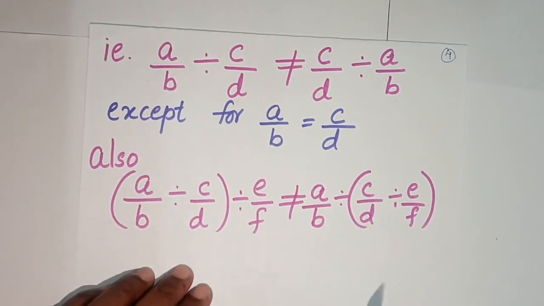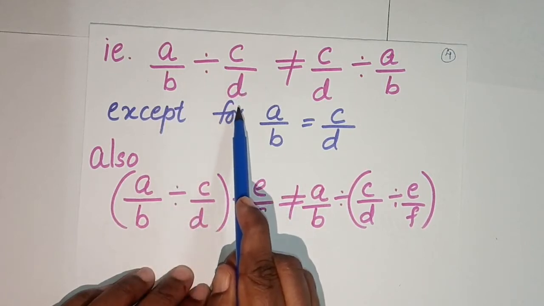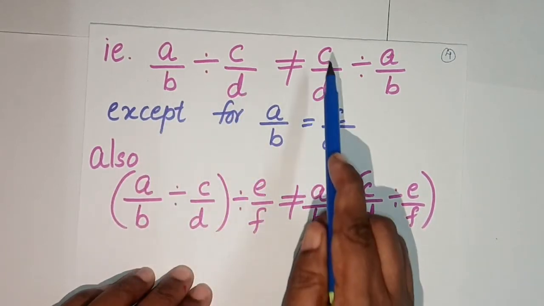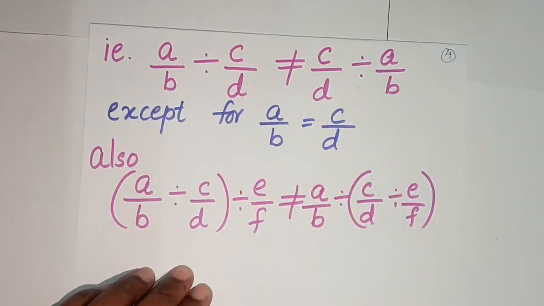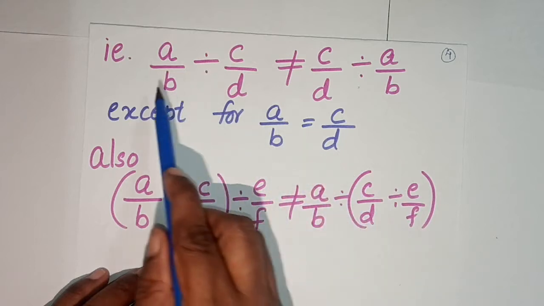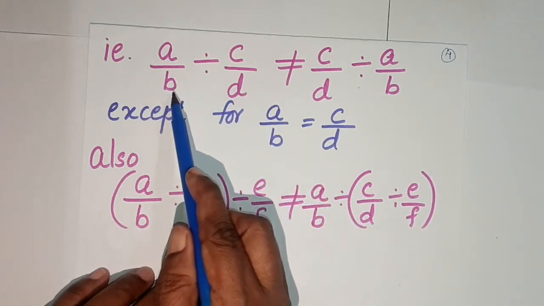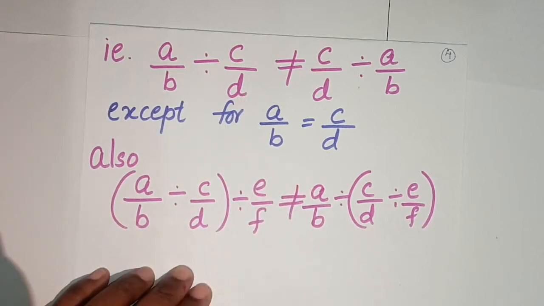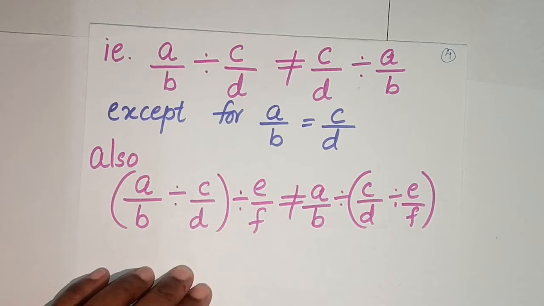That is, a upon b divided by c upon d is not equal to c upon d divided by a upon b. But in some cases it will be true. When will it be true? If a upon b is equal to c upon d. That means these two rational numbers are the same.